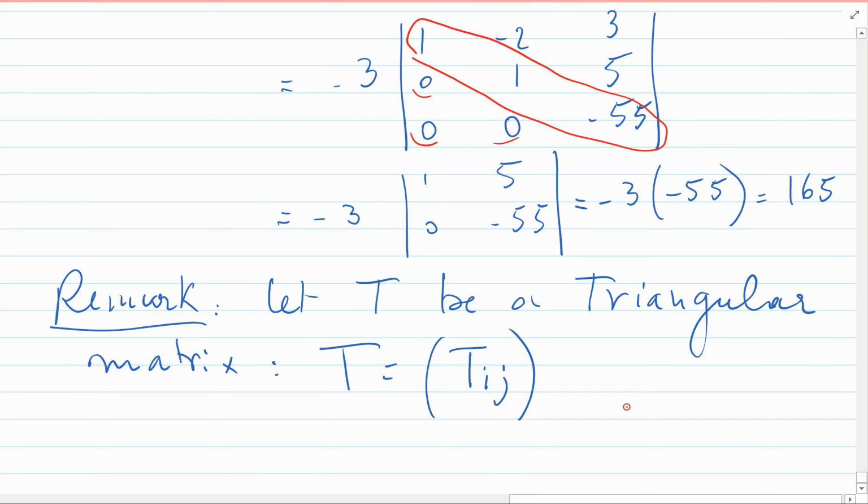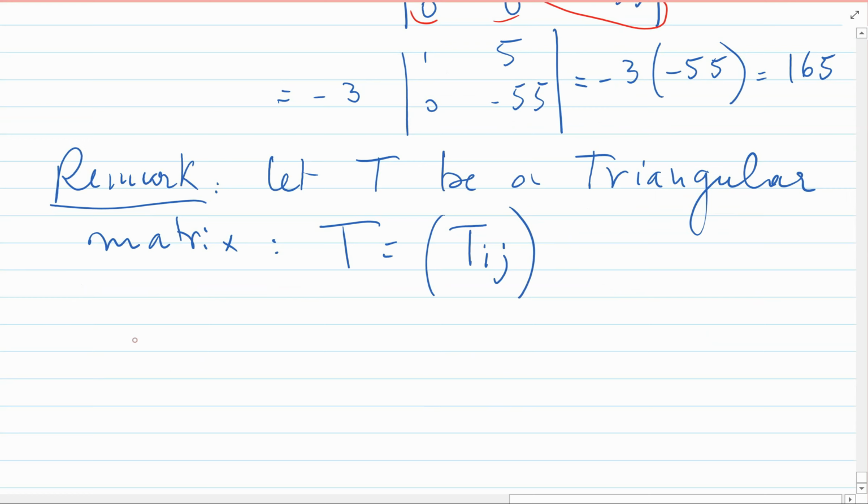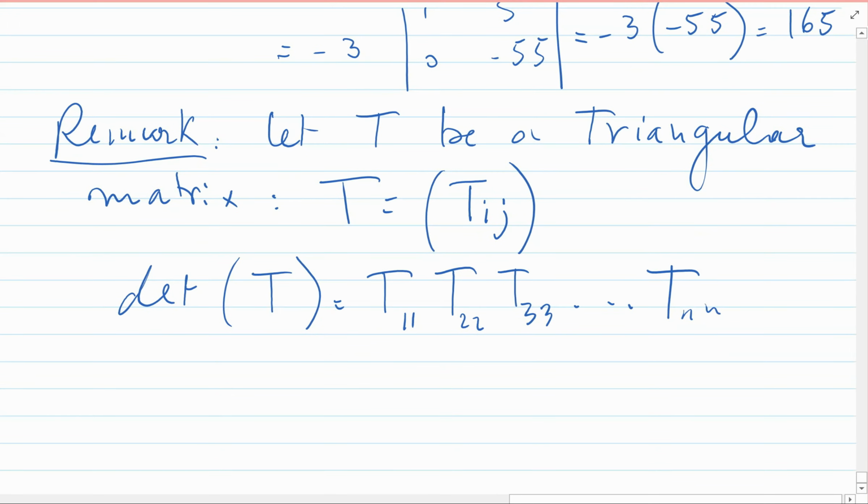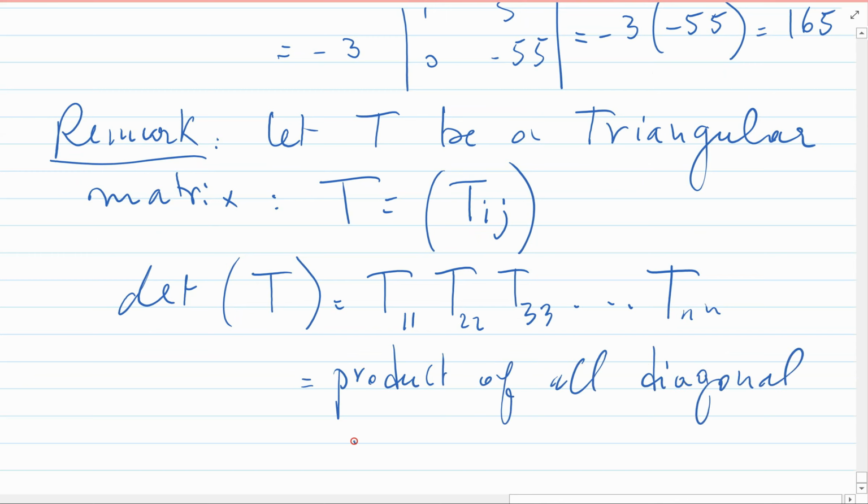Then the determinant of T is T11, T22, T33, etc., Tnn. What does it mean? It means this is the product of all diagonal entries.